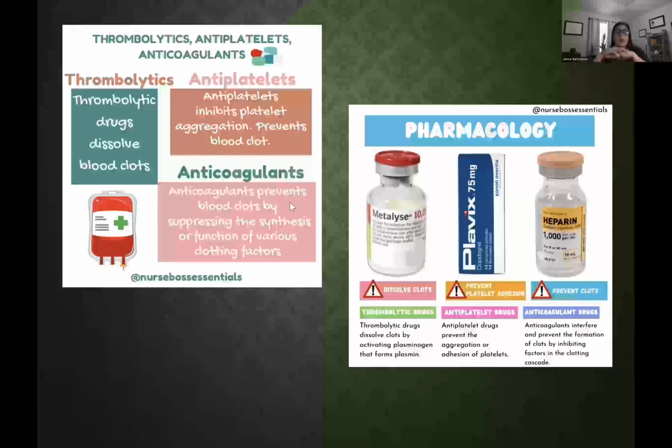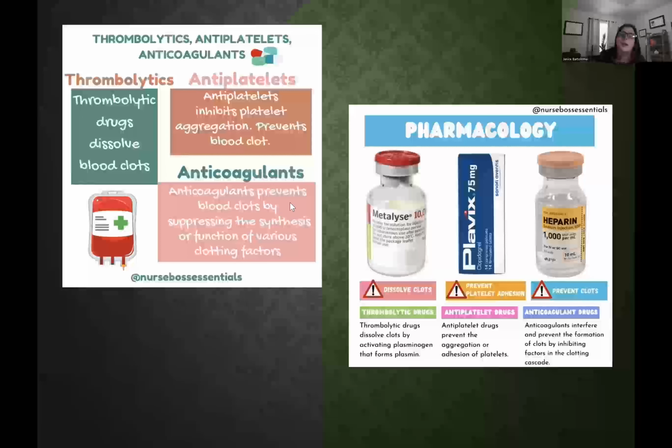Anticoagulants deal with the synthesis or inhibiting the production of these clotting factors that we have. So they're not the same. They sort of work toward the same objective, which is preventing blood clots, but they're not the same.